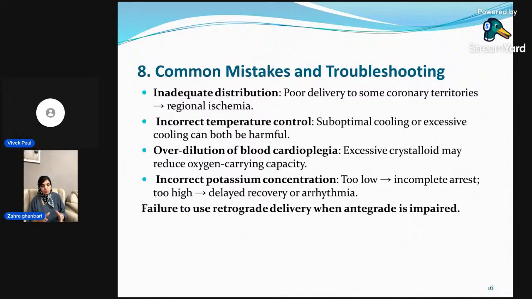But when we do hemodilution too much, the delta P, or the pressure gradient, becomes reduced, and this actually reduces the flow rate. So this formula helps us understand this issue.